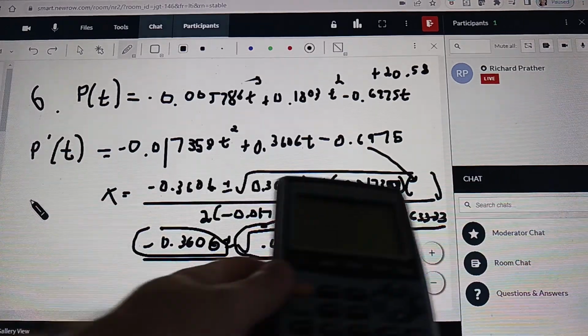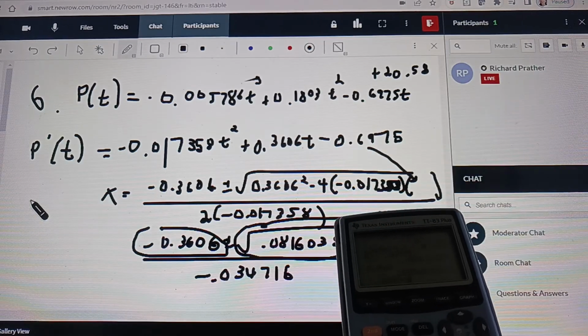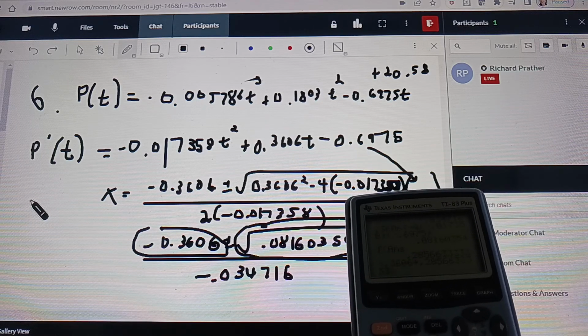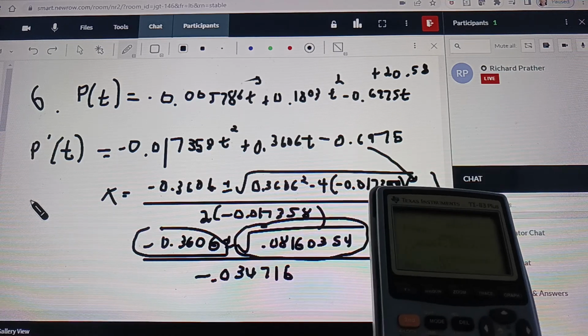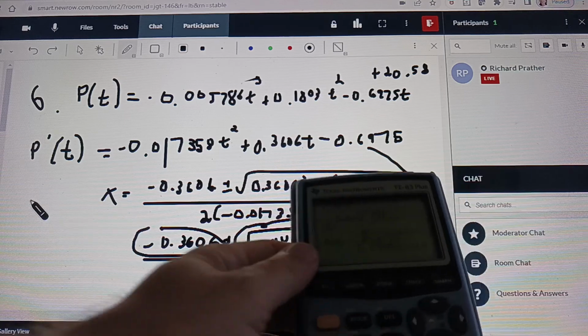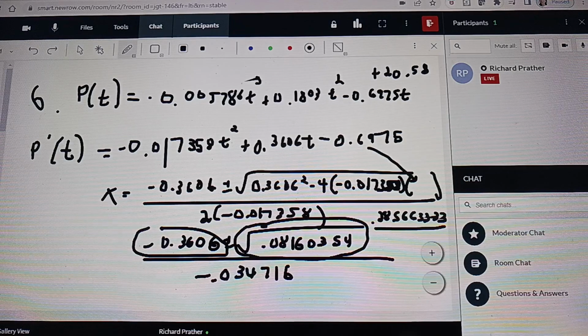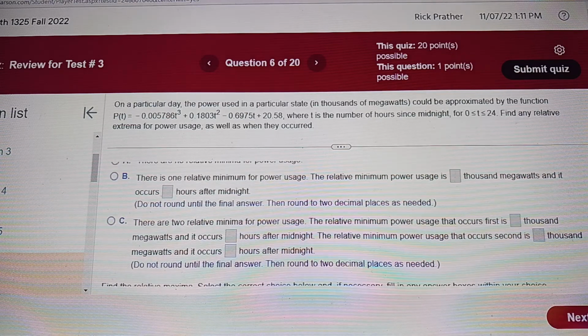So maybe I can just do it here. Negative 0.3606. I'm going to do the plus first. Plus 0.2856633333. And then divide by negative 0.034716. So the first answer is 2.158. That's a critical number. And that is between 0 and 24 at least. Let's see if they want things rounded.